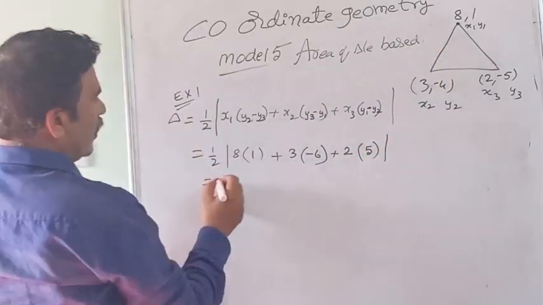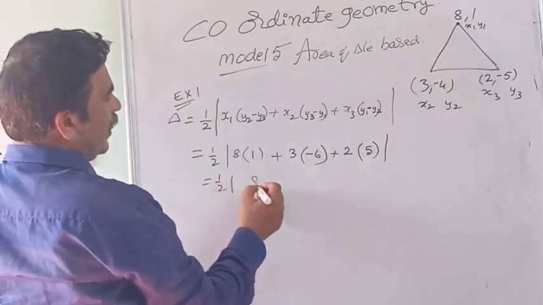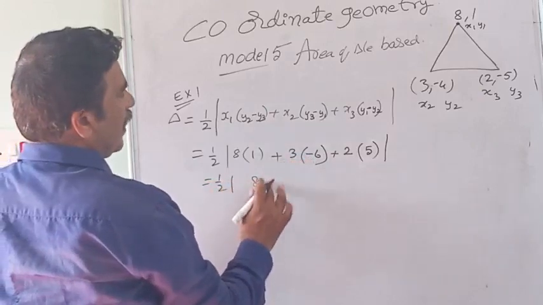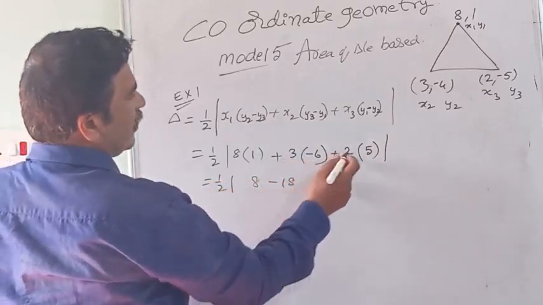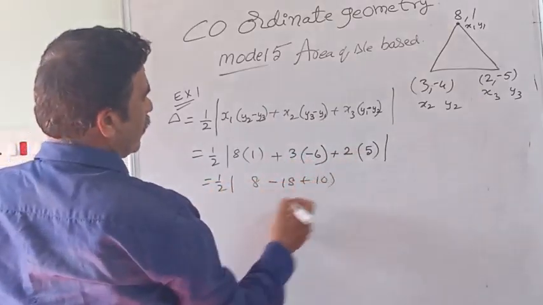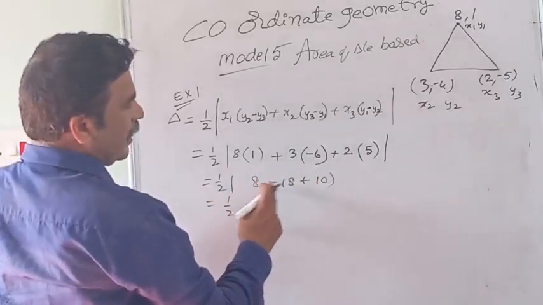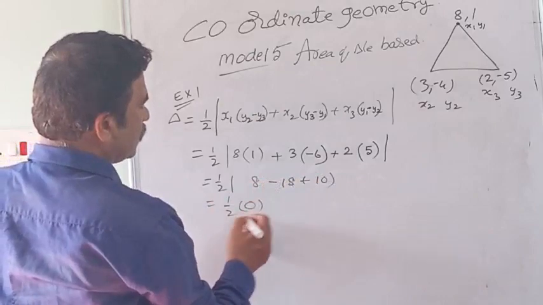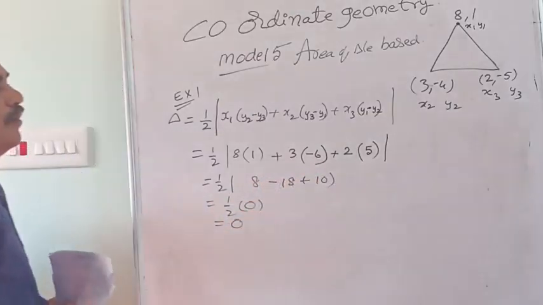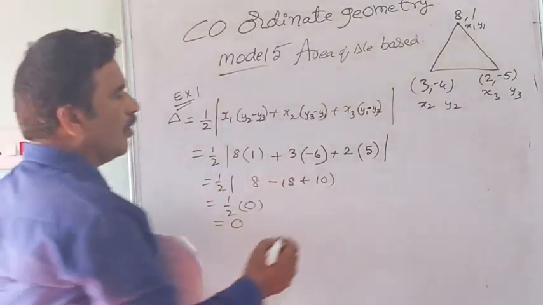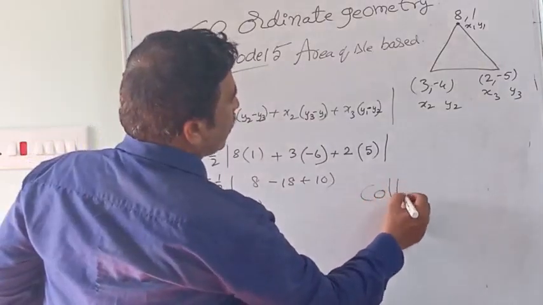Close this. Half into 8 into 1 is 8, 3 into minus 6 is minus 18, 2 into 5 is 10. Simplify: half into 10 plus 8 is 18, 18 minus 18 is 0. Therefore area is 0. Suppose area is 0, we can say collinear.